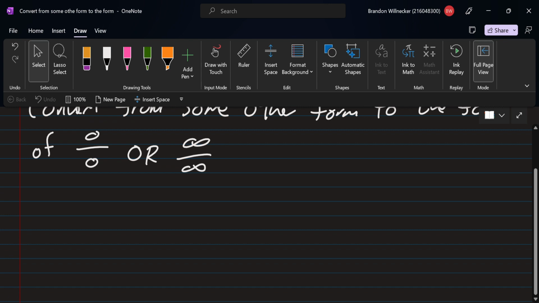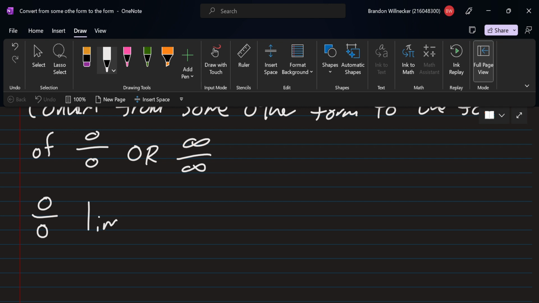Okay, so in the first case, if we have 0 over 0, okay, now it's already in the form 0 over 0, but maybe you want to convert it into the form infinity over infinity. Okay, that could be easier to work with. And we'll see now why one is easier than the other.